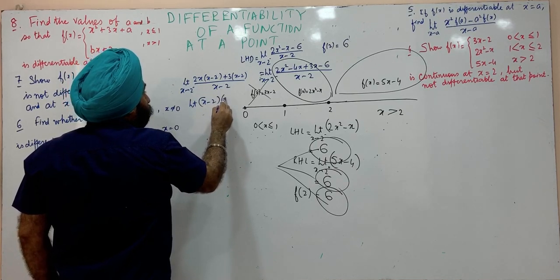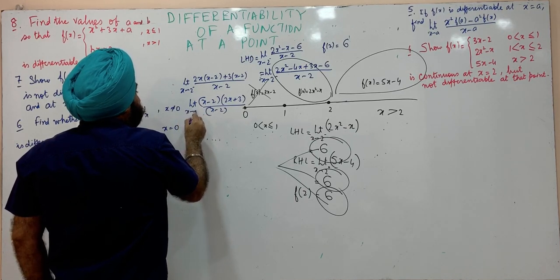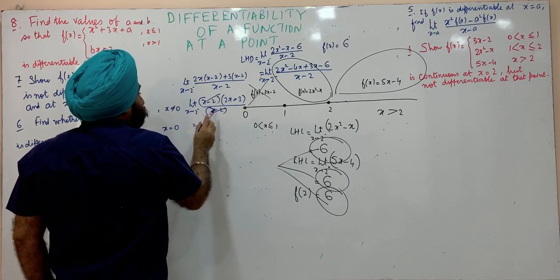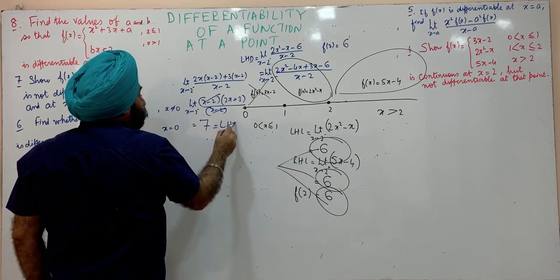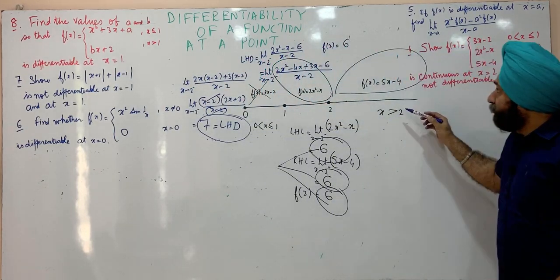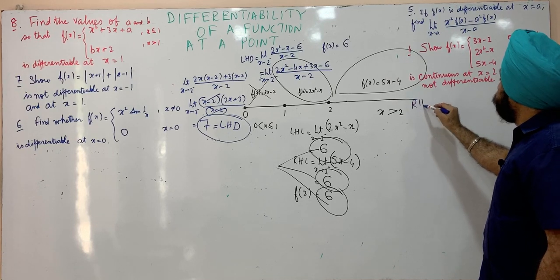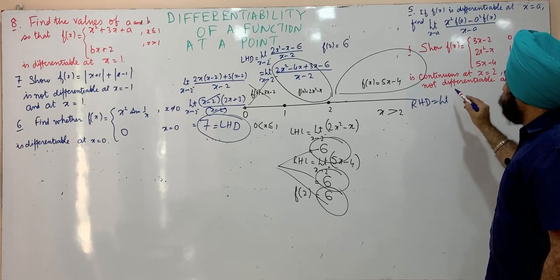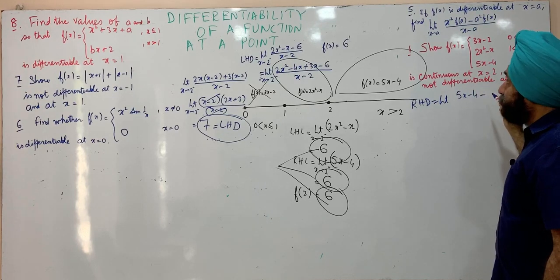Take x minus 2 common. X minus 2 will cancel out. So this is 2 into 2, 4, 4 plus 3, this is 7. This is the left hand derivative. Next we find out the right hand derivative. Right hand derivative we get from this function. This is limit of f of x, 5x minus 4 minus f of 2.